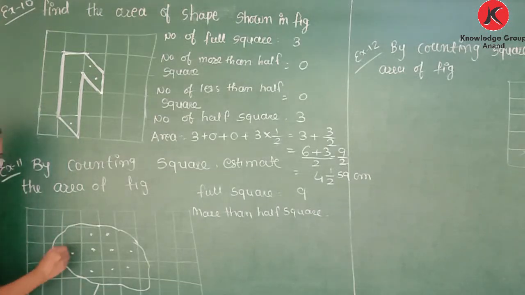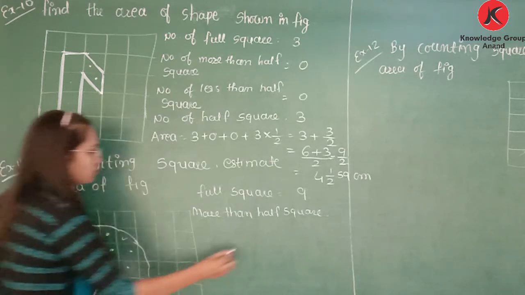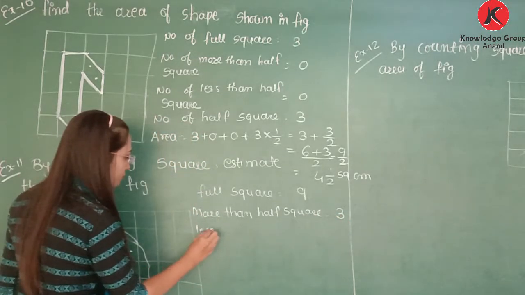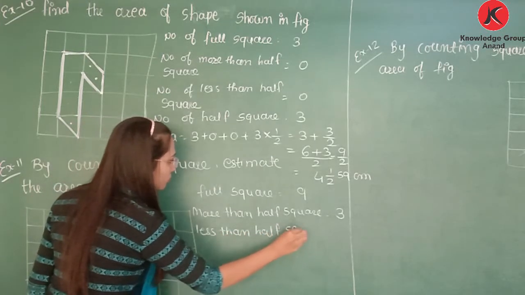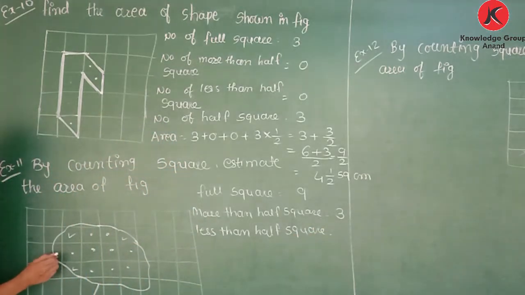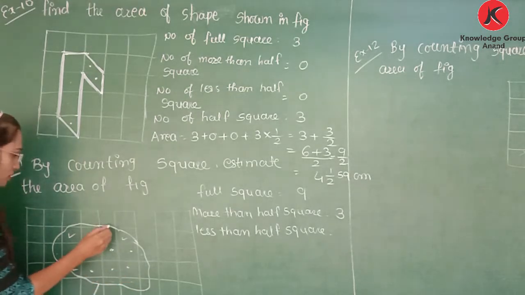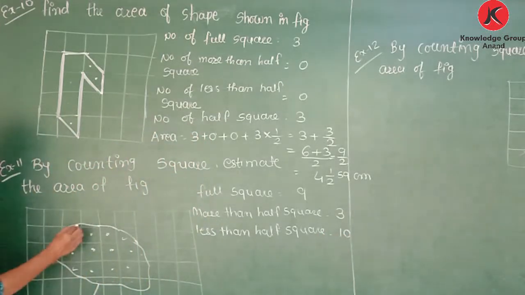So how many more than half square? Here you can see 1, 2, 3, only 3. So we need to consider it as a 3. Now less than half square. Less than half square is considered as 0. So 1, 2, 3, 4, 5, 6, 7, 8, 9 and 10. So that is 10. Okay, this is also the area that is less than half square.